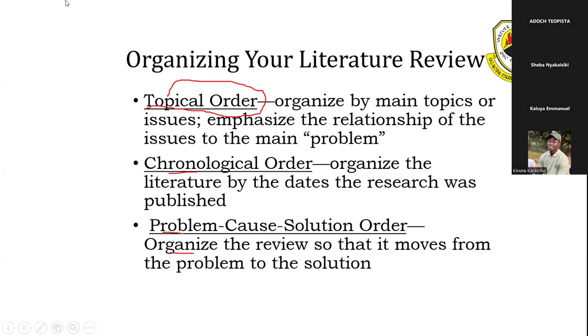But if we are looking at your specific research area, your research problem, it should be the current situation. Otherwise, you're not showing what has been done so far. Have I answered the question?